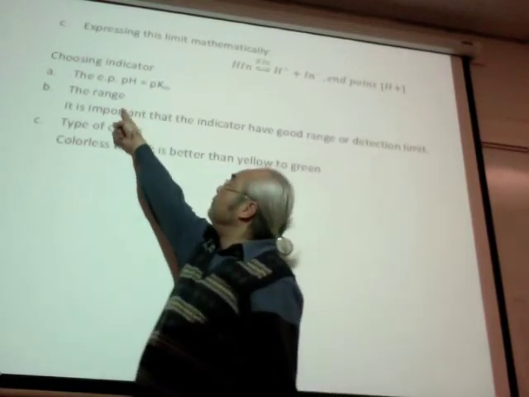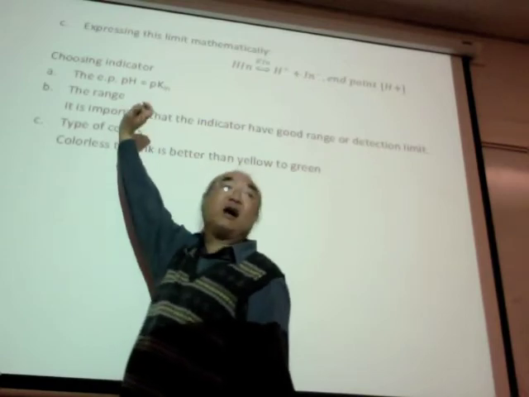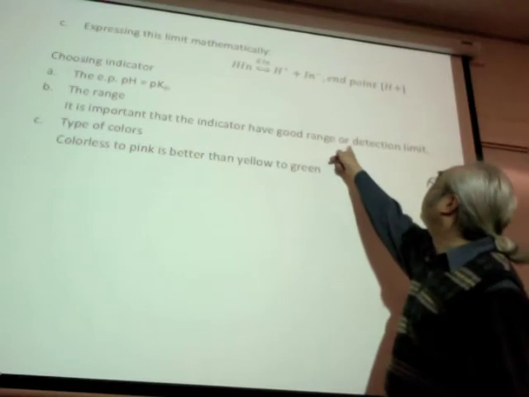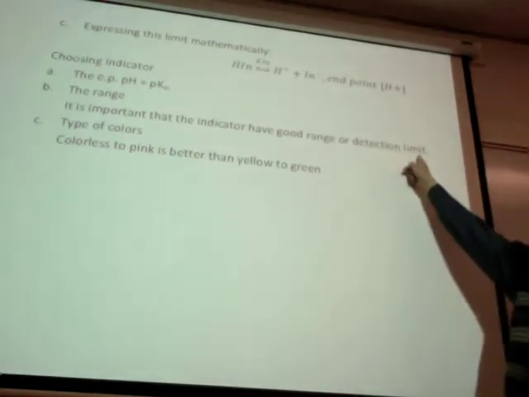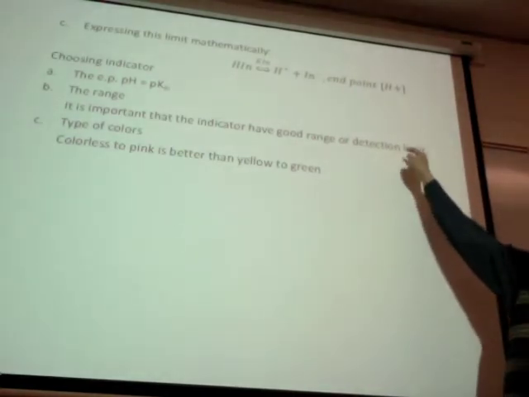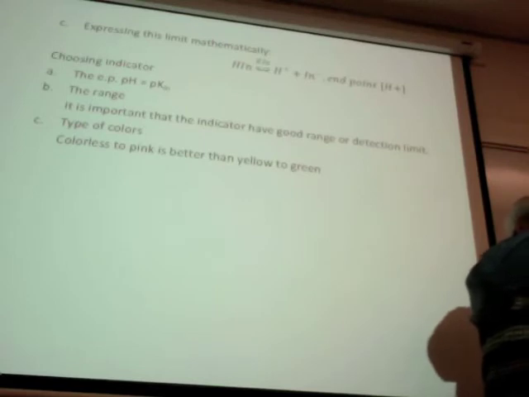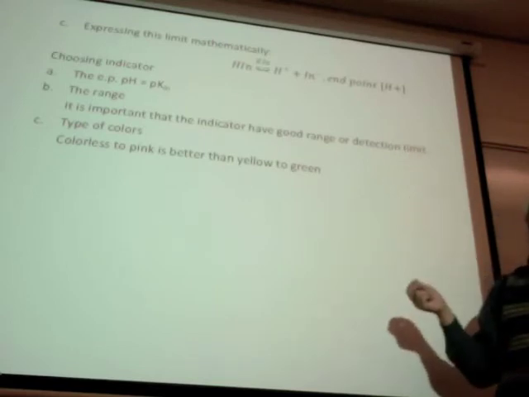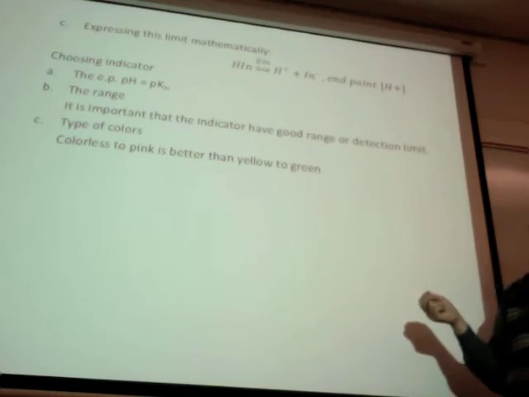Number 2, the color change range. It needs to have a good detection limit, so it needs to cover at least 2 pH units that we just mathematically derived and proved.